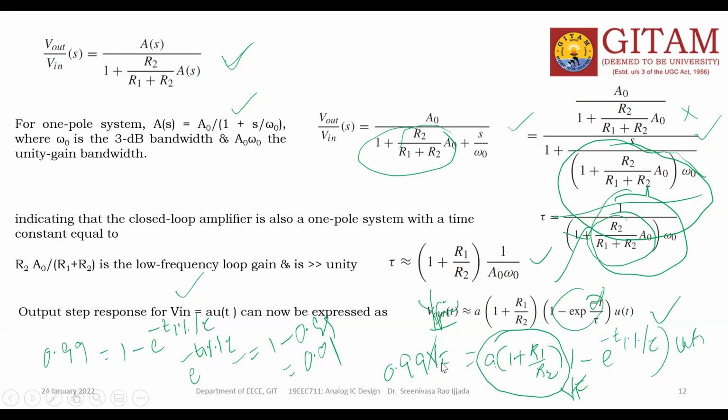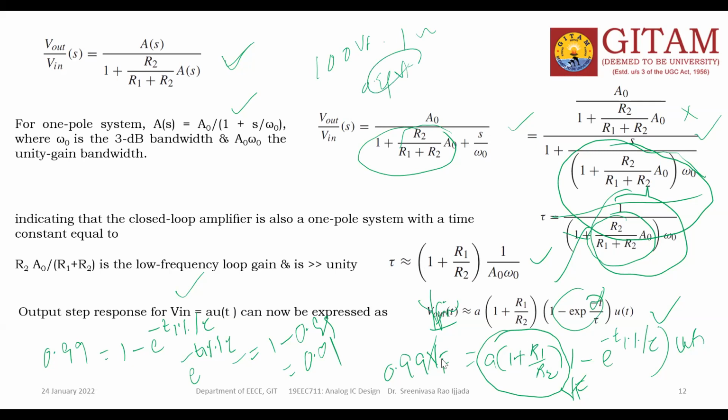In this equation, at that time V out is 0.99 VF because of 1% error, since 100% of VF minus 1% of VF gives 0.99 VF.